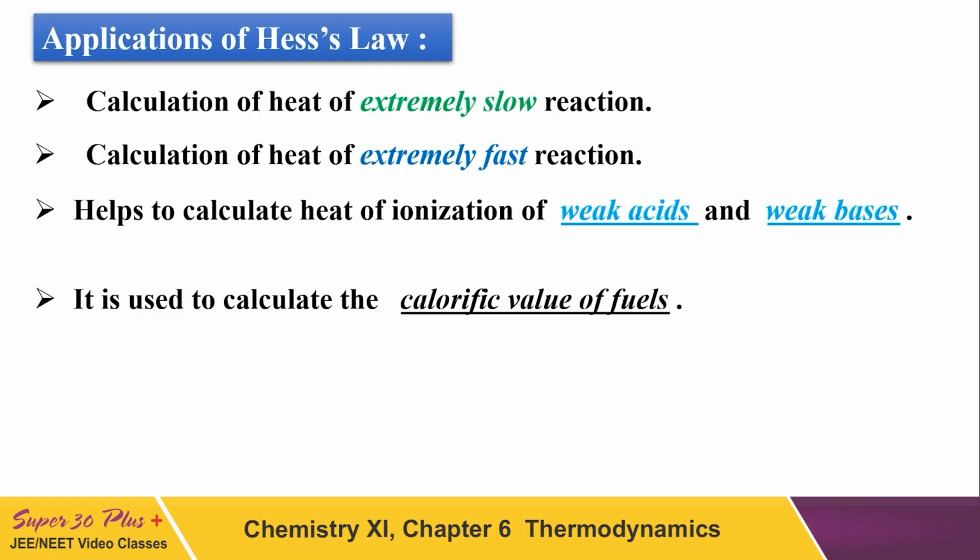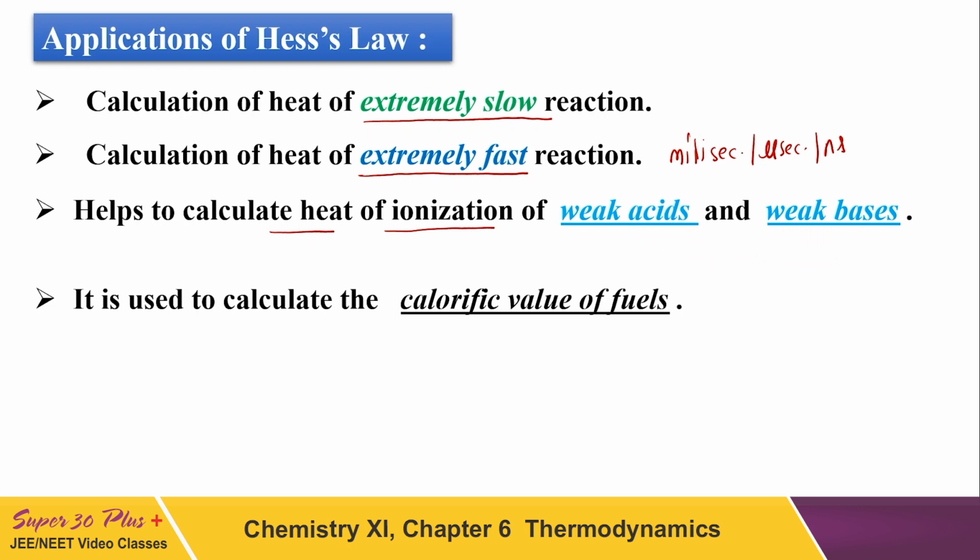How would this be possible? Also, we can calculate the heat of an extremely slow reaction which takes place with a very slow speed. We can calculate the heat of an extremely fast reaction which takes place in some millisecond or microsecond or nanosecond. Hess law also helps us to calculate the heat of ionization of weak acid and also weak base.